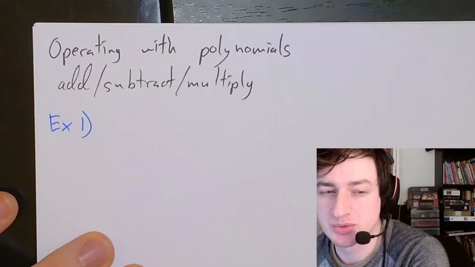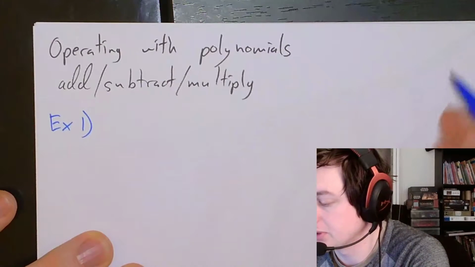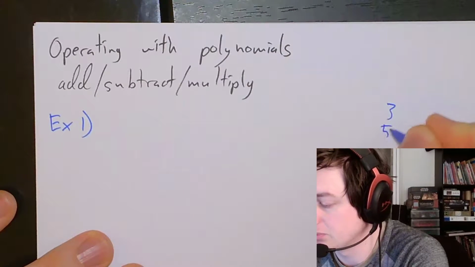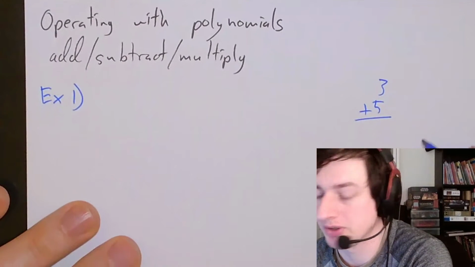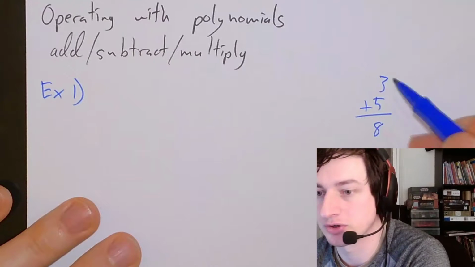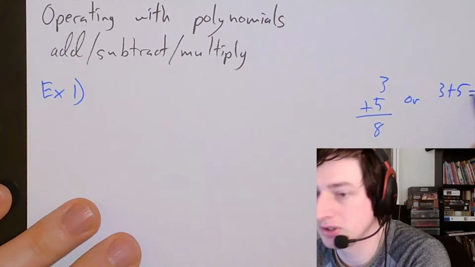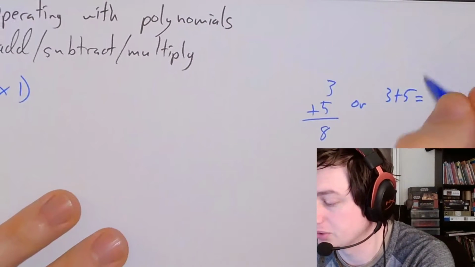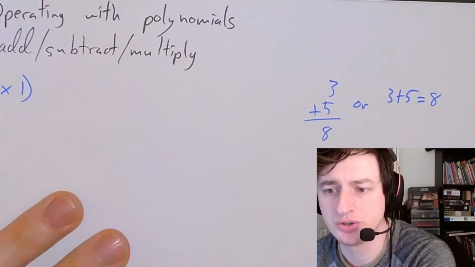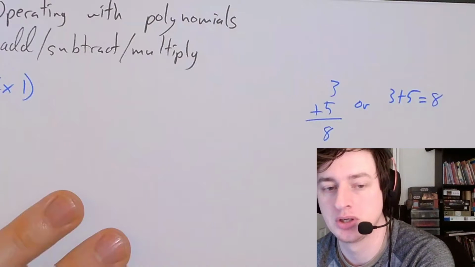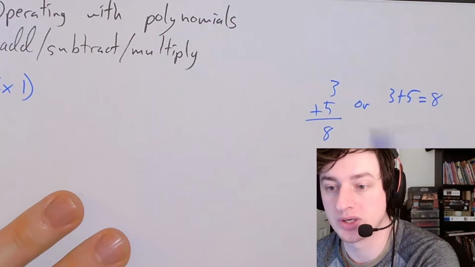So when we're adding and subtracting, you have done things like 3 plus 5 before, vertical math, right? And this would be 8. We can do it vertically, or you could do 3 plus 5 horizontally, and that also equals 8. We're going to do this addition and subtraction both of these ways.